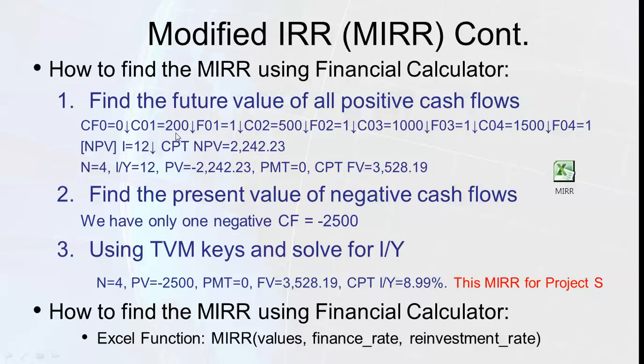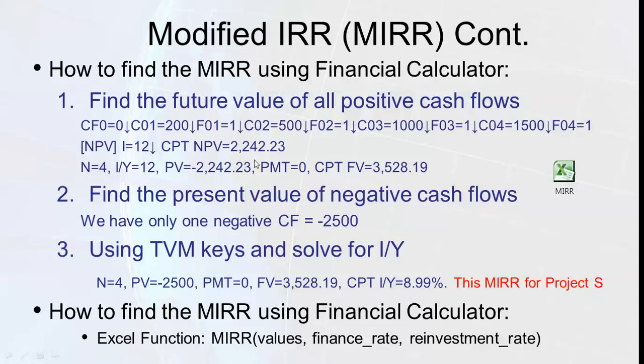At time 1 we have 200, cash flow 2 is 500, cash flow 3 is 1000, cash flow 4 is 1500. So using NPV, put I equals 12% and go down and compute NPV. You're going to get 2242.23. That's the net present value.